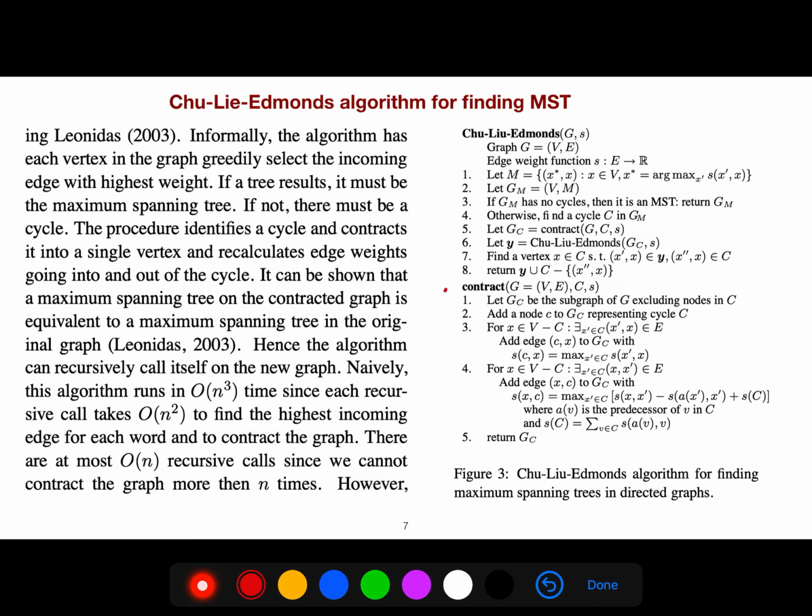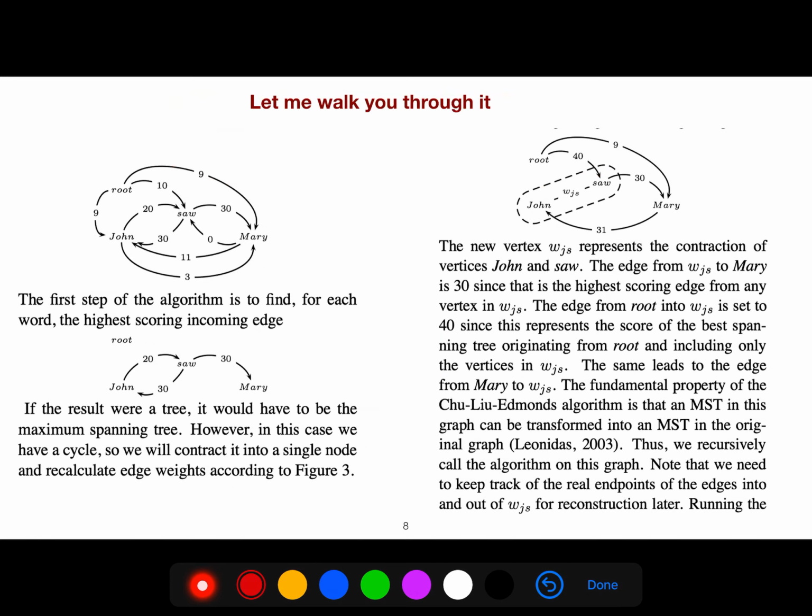It uses contraction, just like the work of Karger in randomized algorithms. So let me walk you through that. You connect words to each other, and the first step is to find for each word, for example, saw, the highest scoring incoming edge.